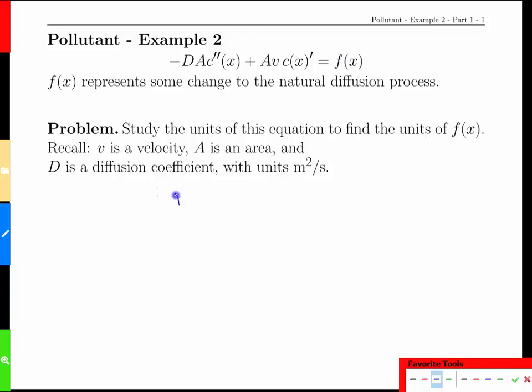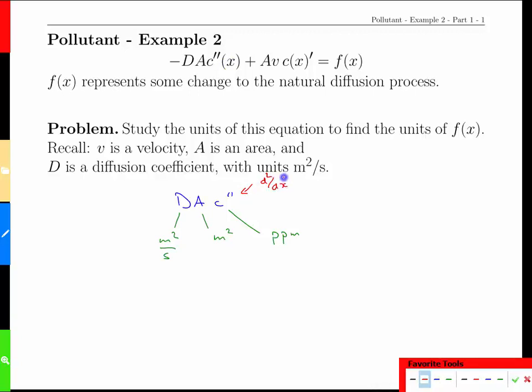Well, if we look at the A c double prime, diffusion coefficients are measured in meters squared per second, areas are measured in meters squared, and C double prime is interesting because we have a concentration, parts per million, but you have to be careful which derivative this is. C is a function of x.